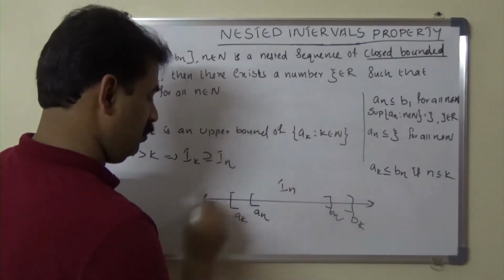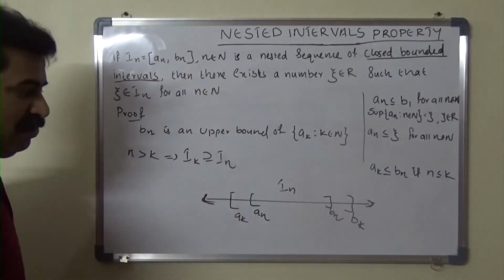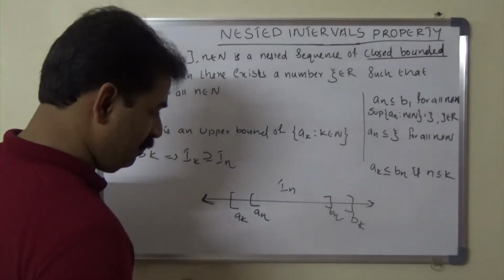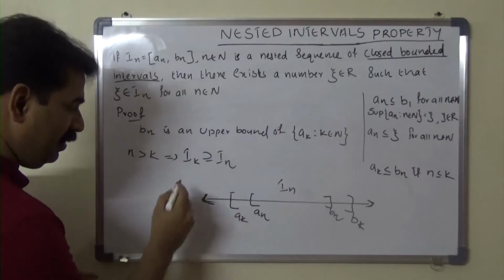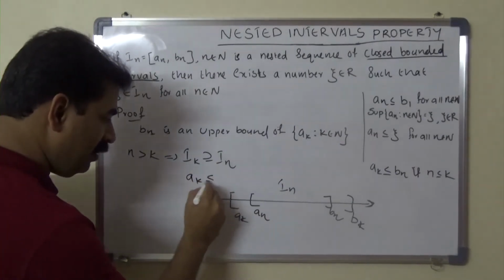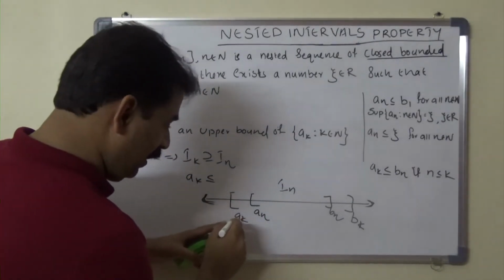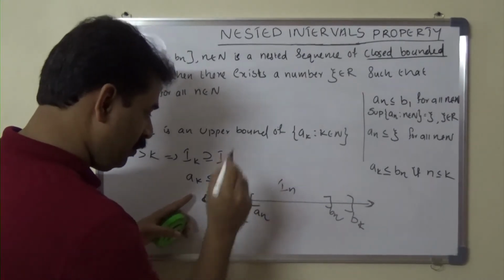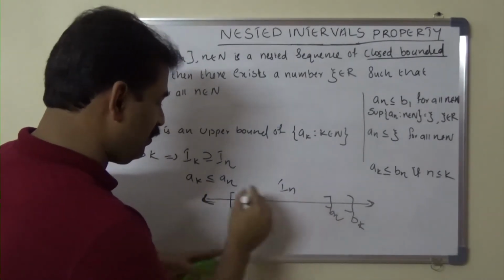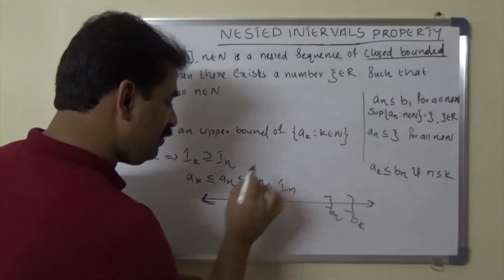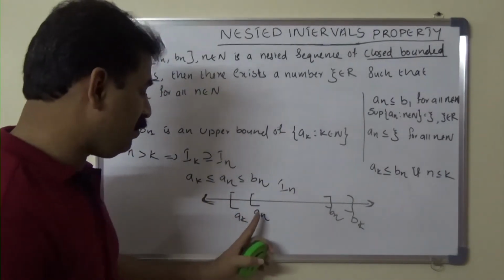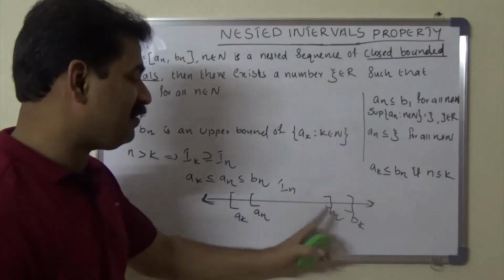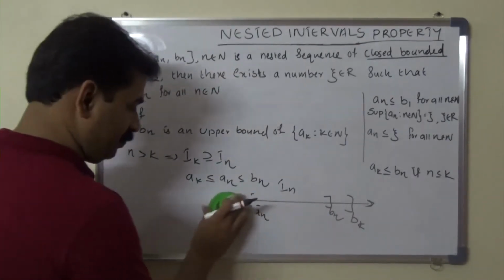In this case, we have AK is less than or equal to An, and An is less than or equal to Bn.